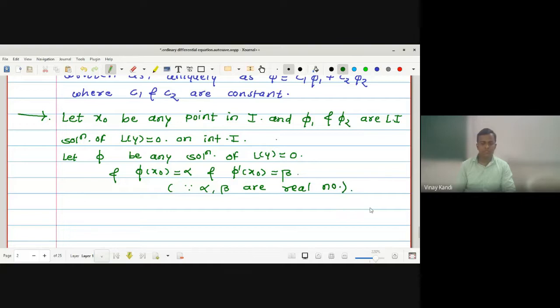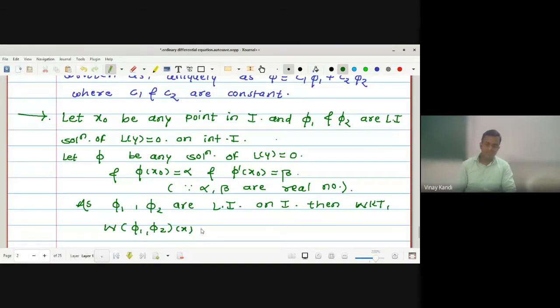Now, as phi1 and phi2 are linearly independent on I, we know that the Wronskian of phi1 and phi2 at point x is not equal to 0 by the previous theorem, for all x belongs to I. Why?